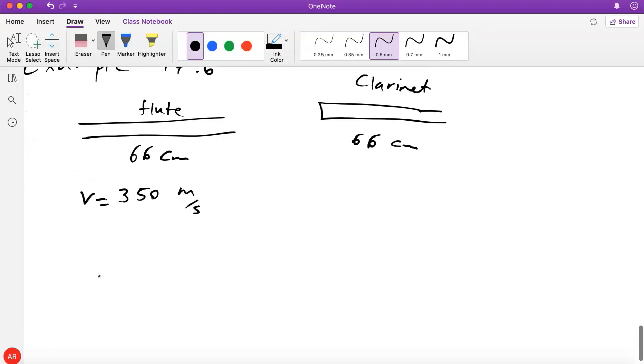Okay, so what should we do? Well, for the flute, the lowest one will look like this, right? We need to have antinodes here and here. So the lowest one will look like this. So L must be lambda over 2. If it's an integer multiple of lambda over 2, if we have the same boundary conditions, right?